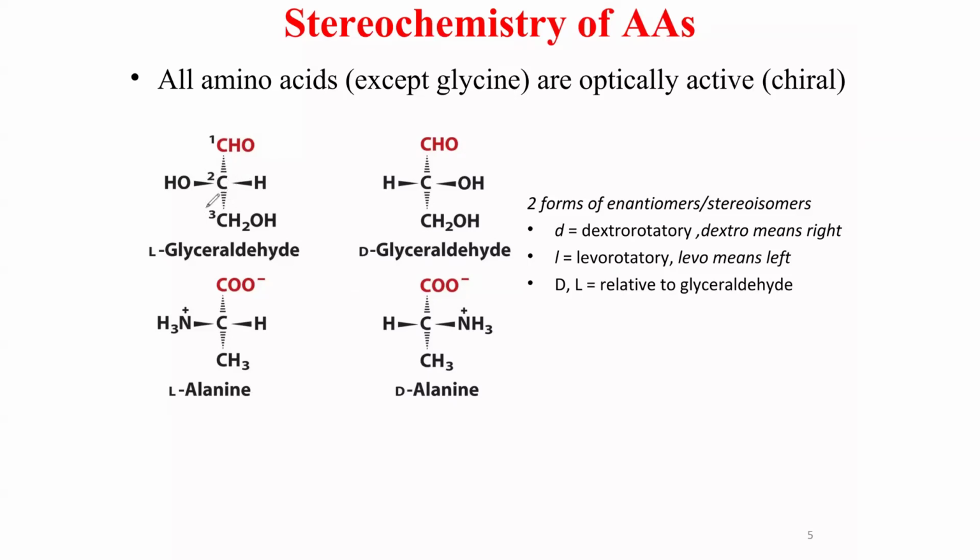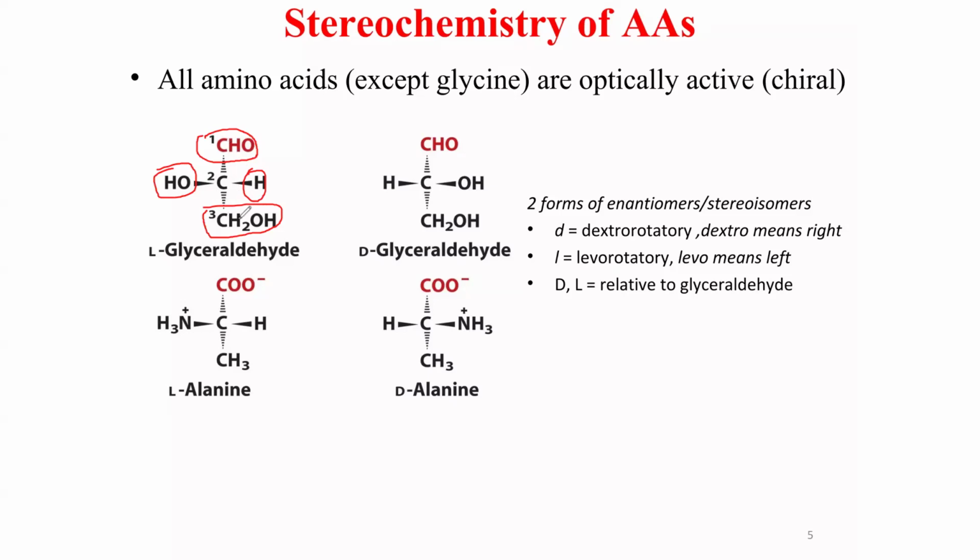You see that the groups that attach to this carbon, this one is different from this. This one is hydrogen, and this one is OH, and this one is an alkyl functional group. So in this carbon you will see that there are 4 different groups attached to it.